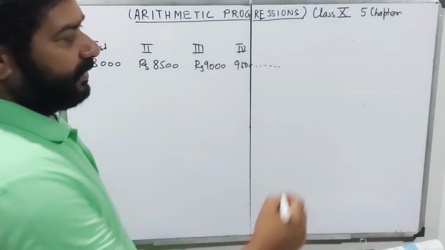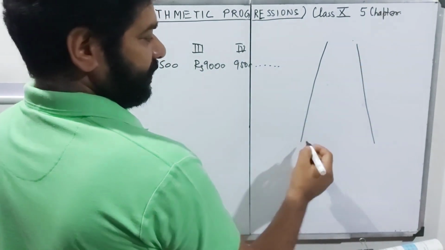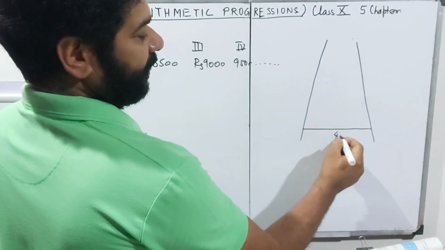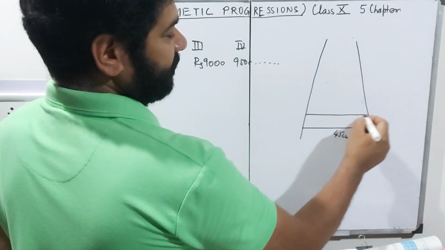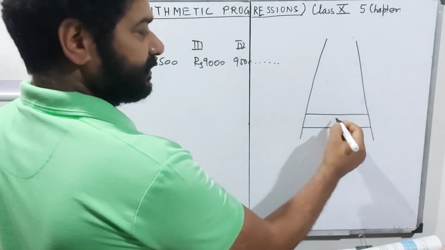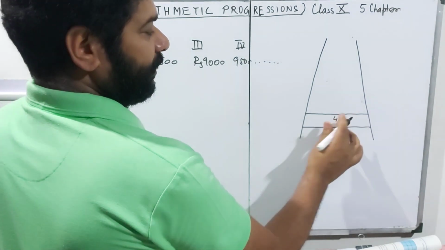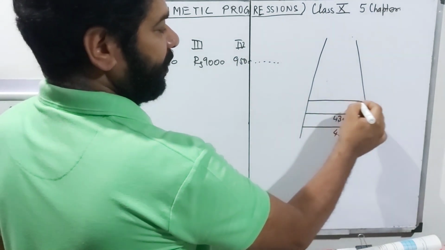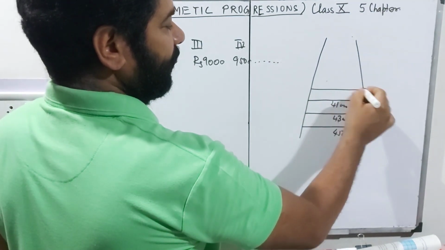One more example. You have seen a ladder like this. Suppose the bottom rung of this ladder is 45 centimeters, and just above this is 2 centimeters less, 43 centimeters, just above it 41 centimeters, and so on.